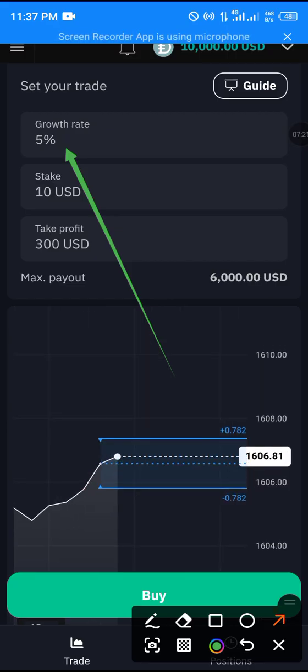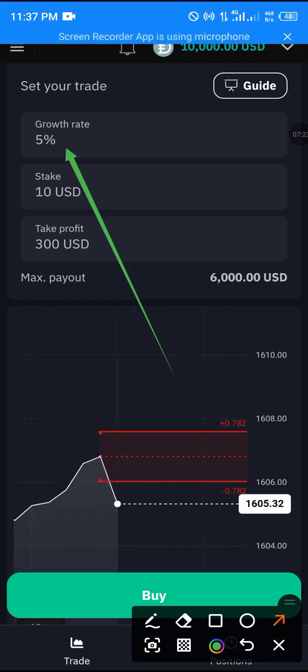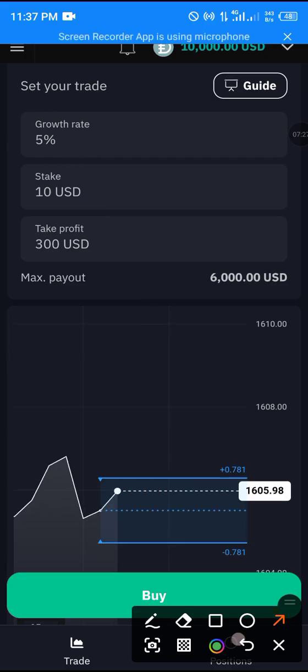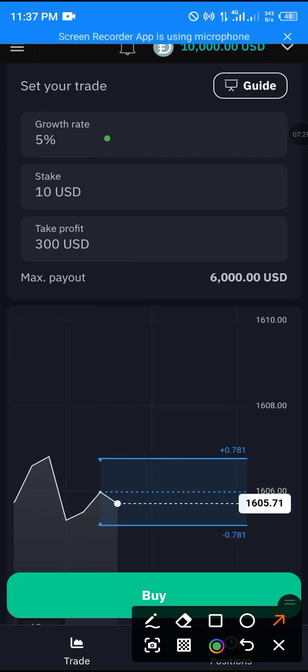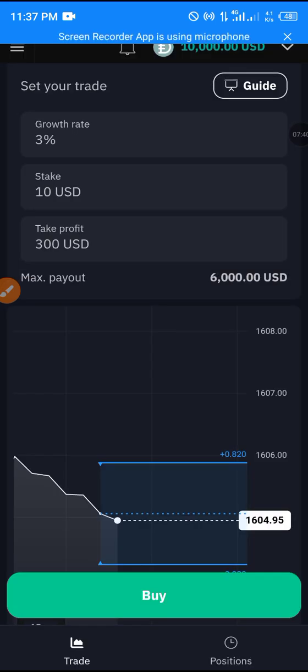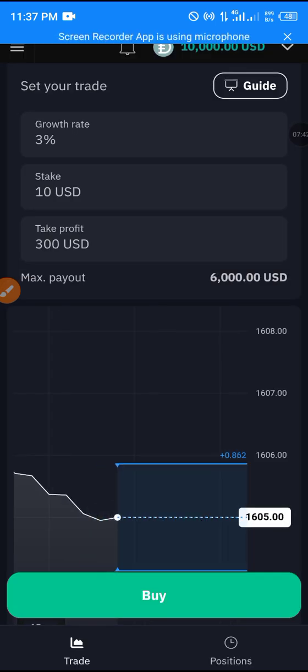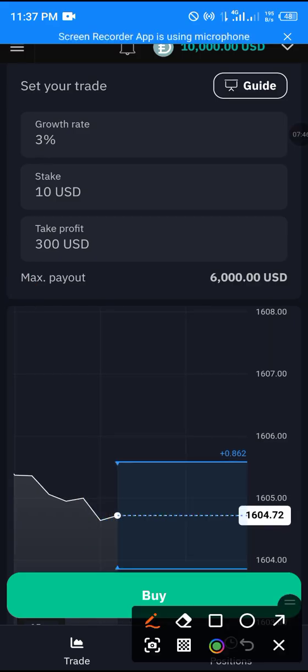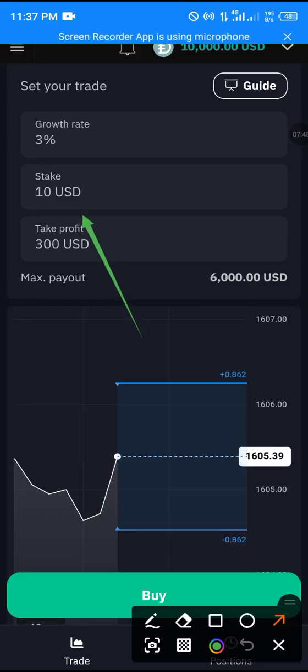But as a newbie, you are meant to go with 3%, being in the middle of it. 3%, and you save it. Now after you have saved it, make sure you always click save to save what you have set. The next place you should come is stake.